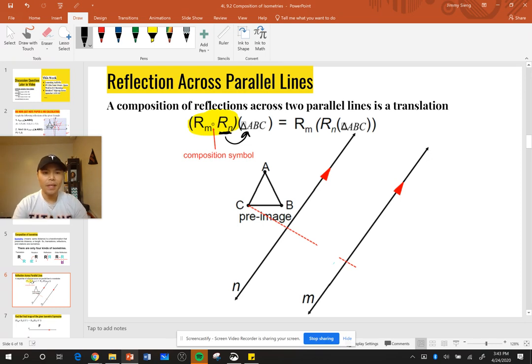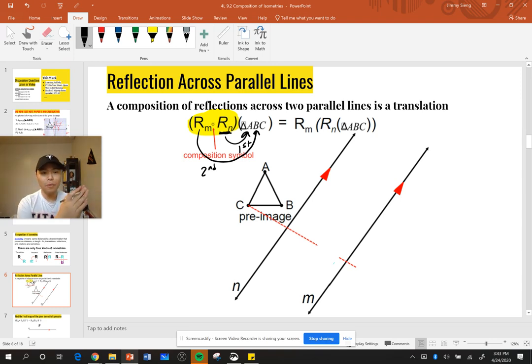What that means is you first reflect RN, so you do this one first, and then you do the second. This one is second. So the first thing you do is reflect RN, and then you reflect M.